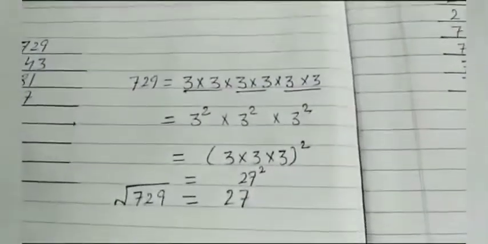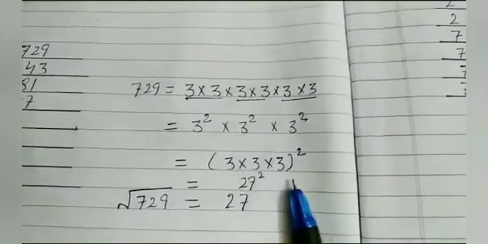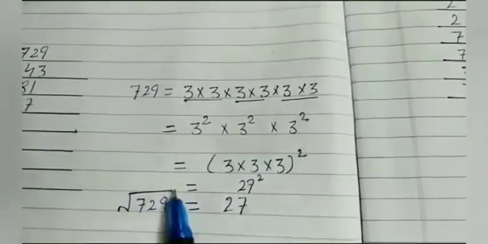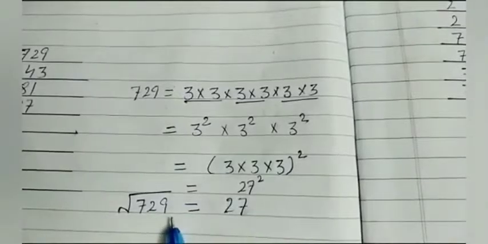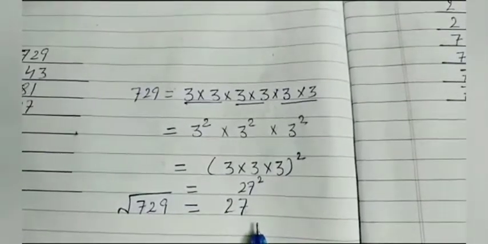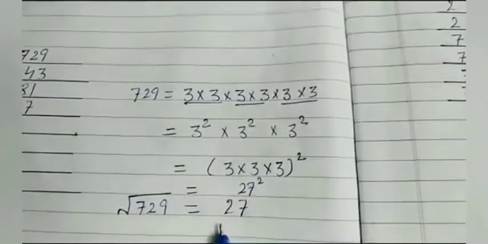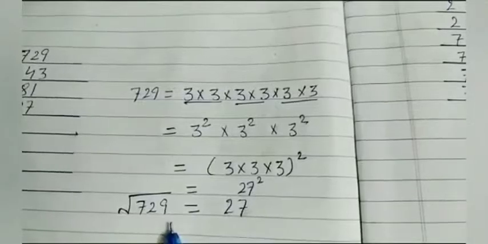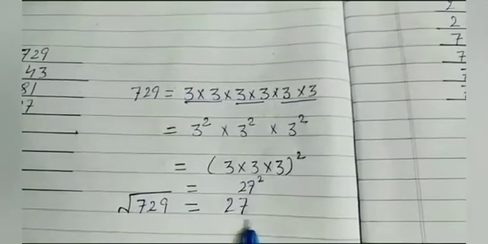And when we solve, we find 27 square. So we write square root of 729 equals 27. Clear? Look carefully. Square root of 729 will be 27.